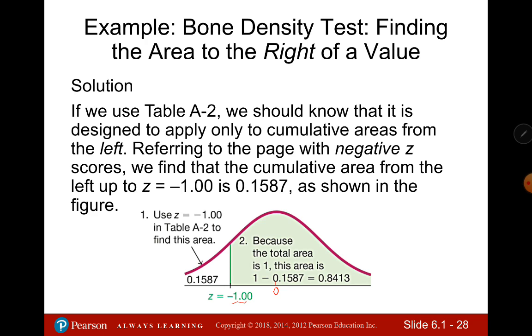So we can easily find that the corresponding value is 0.1587. This value is directly from your table. Again, first check -1.0, then check the top row to find the column for 0.00. Then you can locate this value, 0.1587.